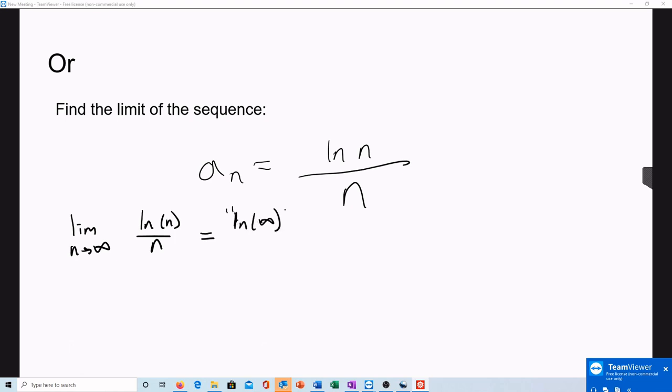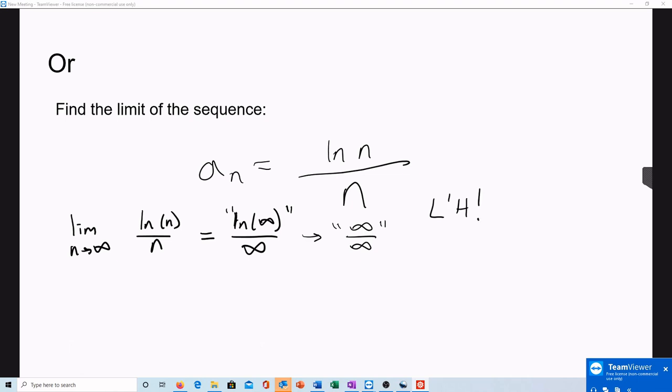I'm going to put quotes around all this because I can't really do this. As I plug bigger and bigger things into natural log, I know that that gets really, really big. So this looks kind of like infinity over infinity, which means nothing to me. Although it should put a little light bulb up and say, oh yeah, L'Hopital's rule. Infinity over infinity is L'Hopital's.